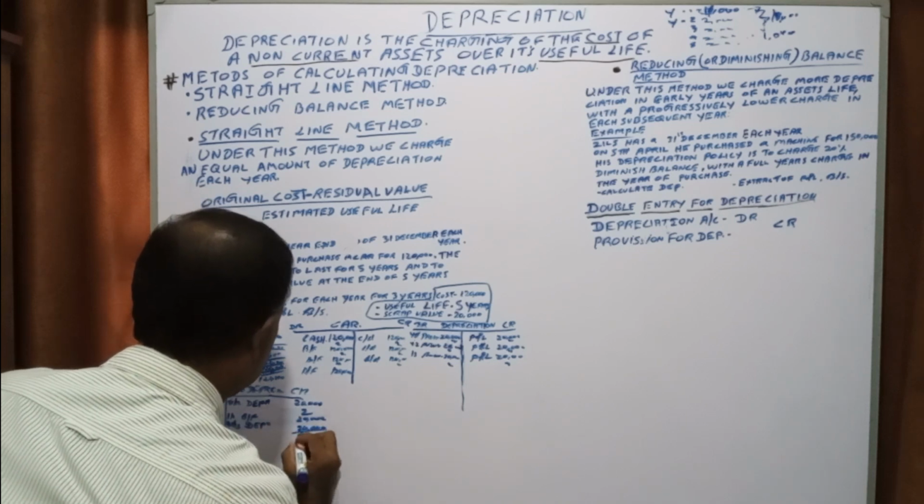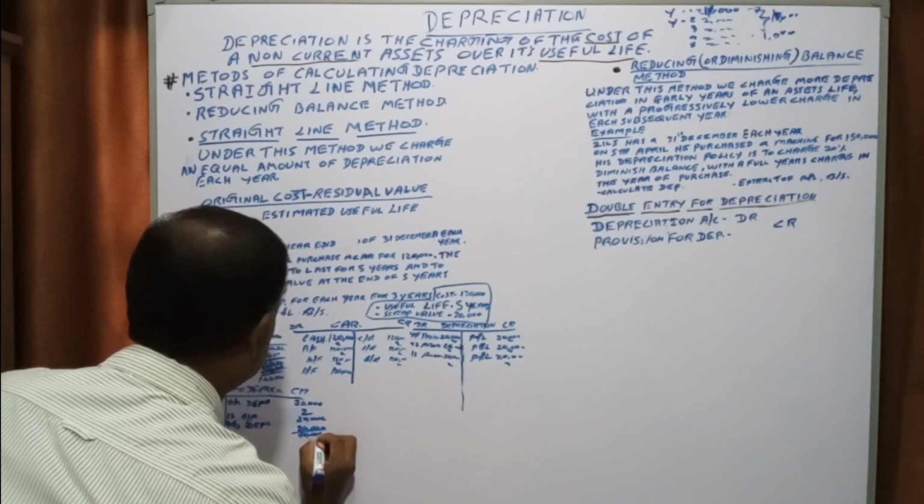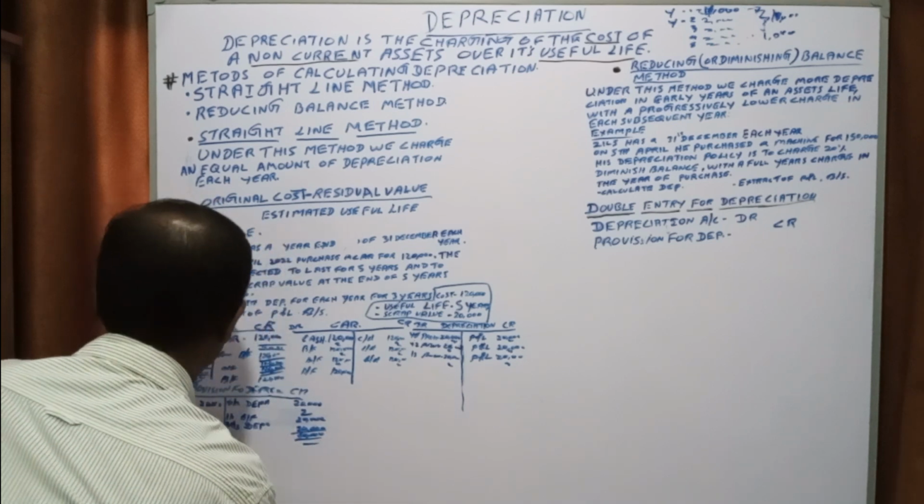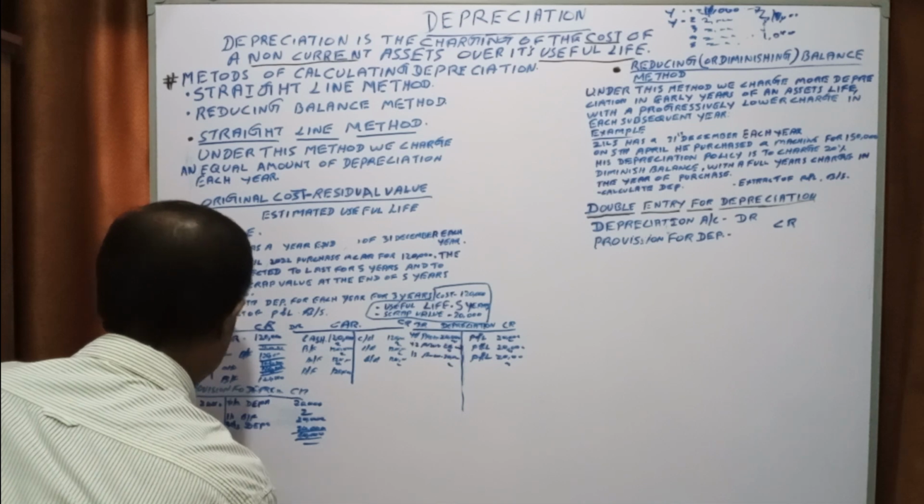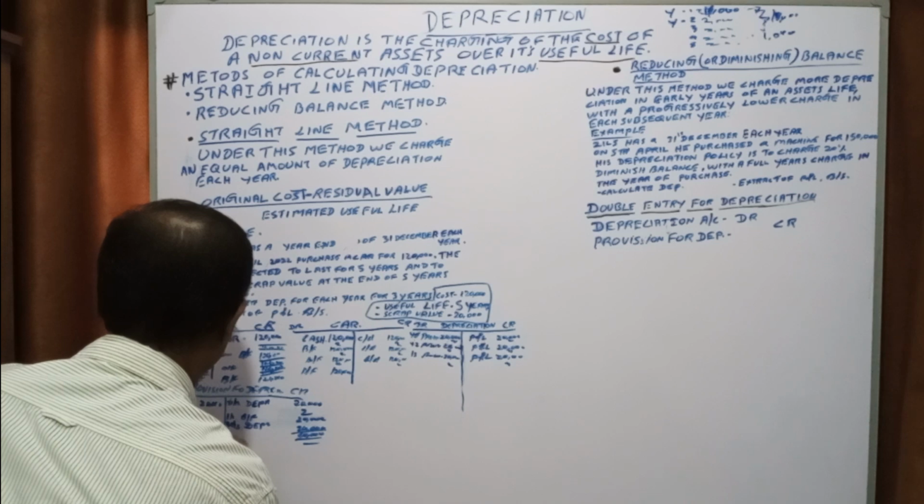Okay, then total is 40,000. Here carry down 40,000. Brought forward on first 40,000.